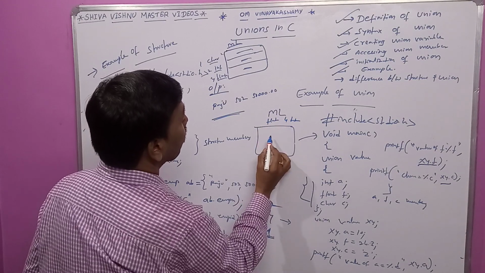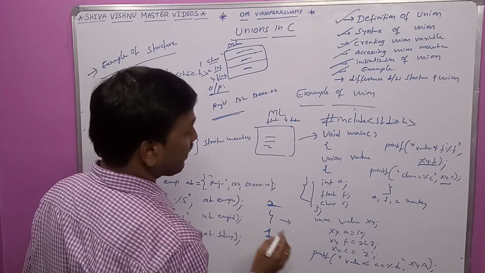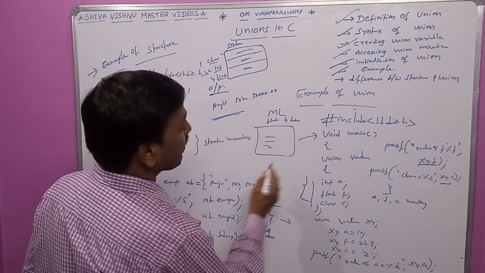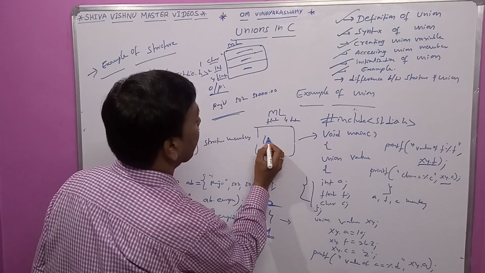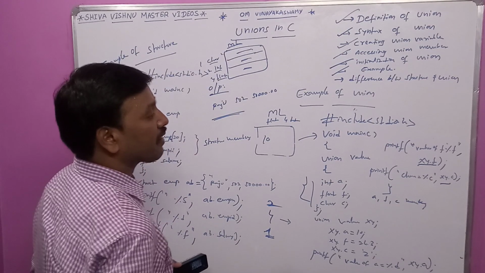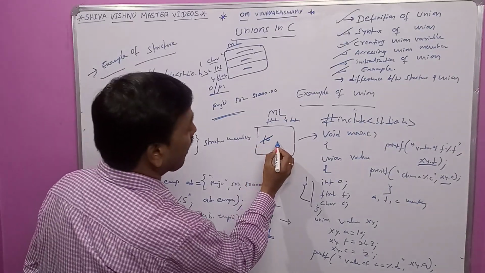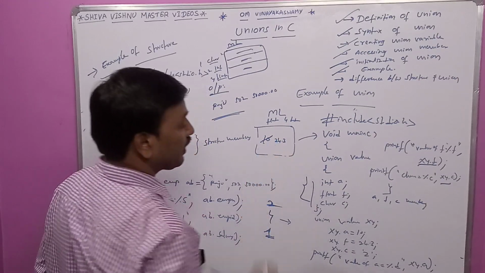All data will be stored here. First you can see the value of x.a is assigned 10. Next the value of f is assigned, so that's why this value overlaps the other value, that is 24.3.